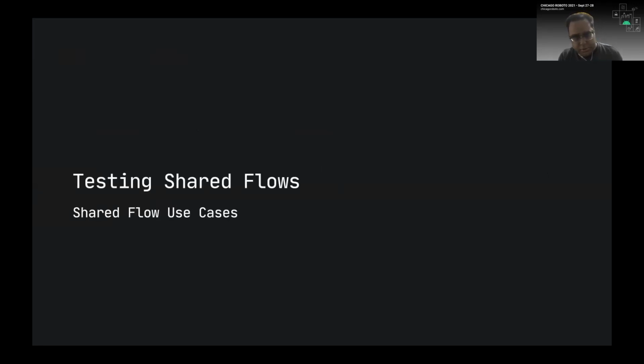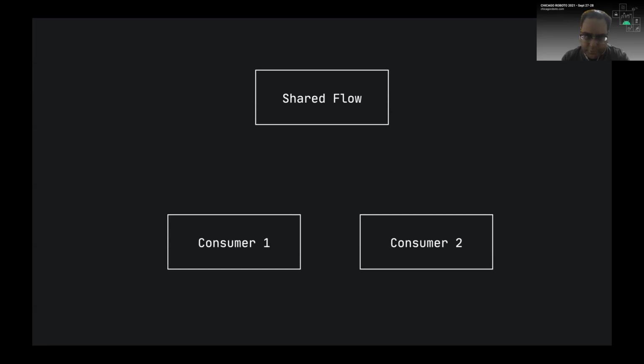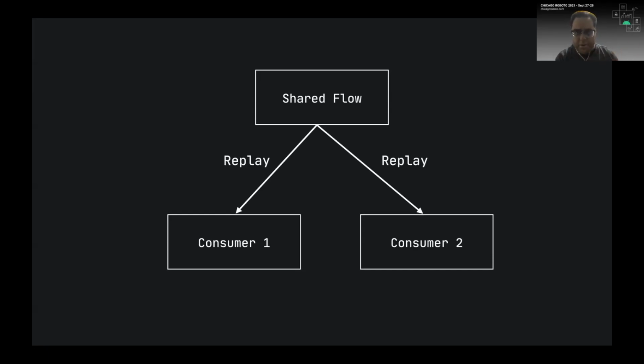So the last thing that I want to talk about are shared flows, which are different than state flows. They have a lot more features, and I personally like using shared flows. It's similar to a state flow: you could broadcast events out, but it has this extra feature where you could replay some number of events that you want. Like, when a new subscriber comes in, replay X number of events to them.